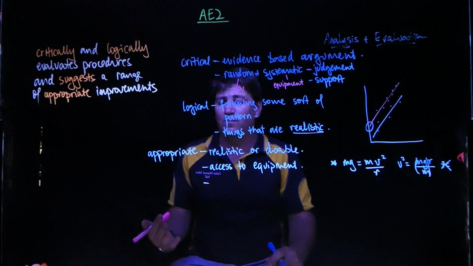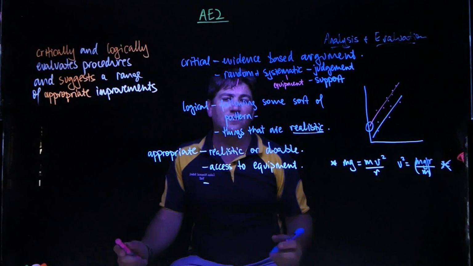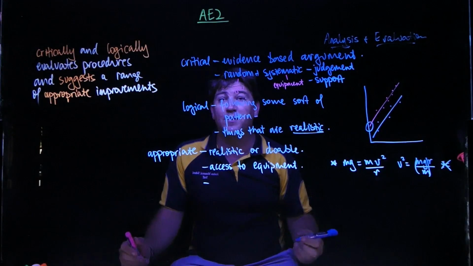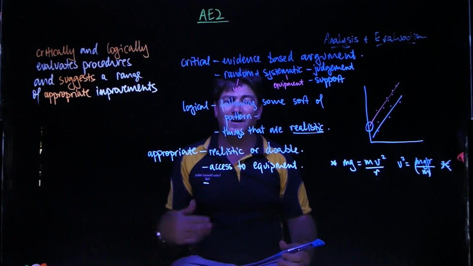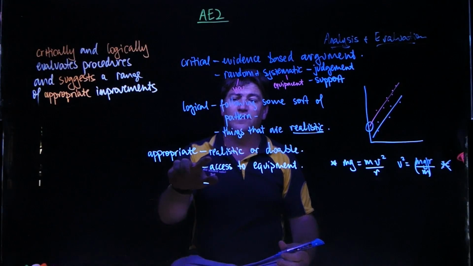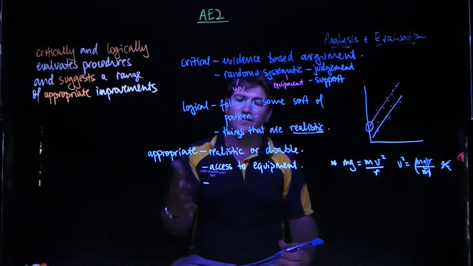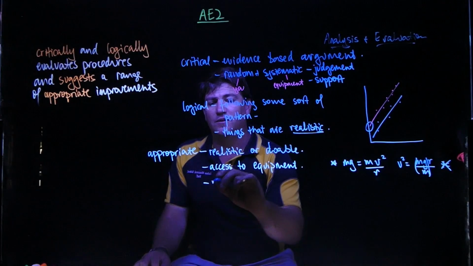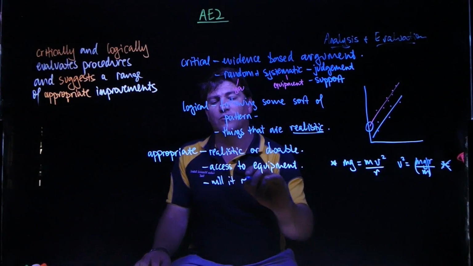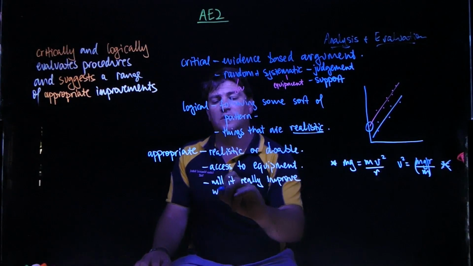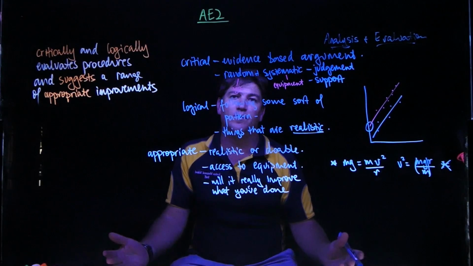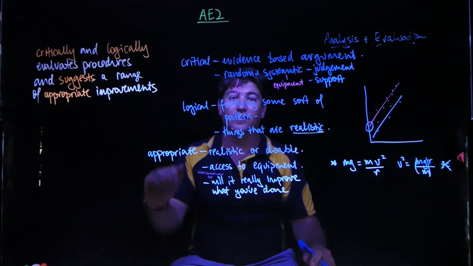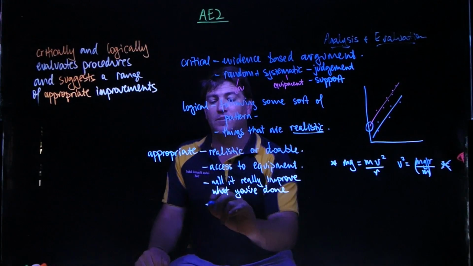It's what can you realistically be expected to do in a reasonably well equipped stage 2 physics lab. Yeah, so is it realistic or doable? Do you have access to that type of equipment, and will it really improve what you've done? If the answer is no, again, why bother? It's not an appropriate improvement that way.